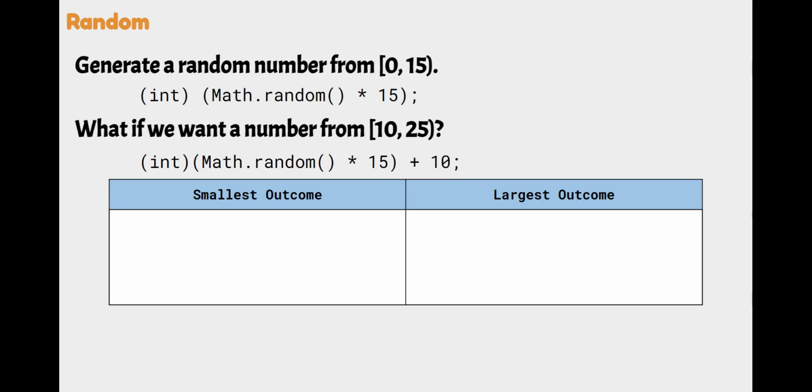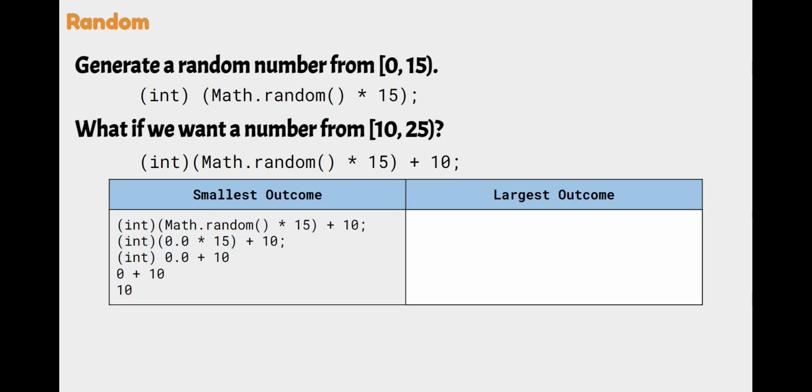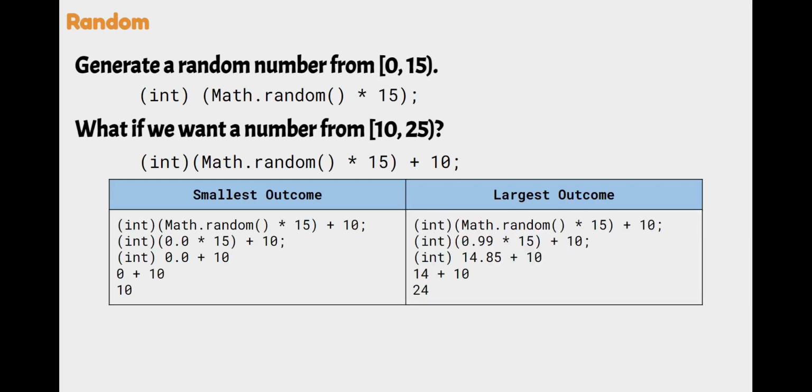First, on the smallest outcome that we can get from Math.random. The smallest outcome is 0.0 times 15. That evaluates to 0.0. Once we add the 10 to it, that will evaluate out to 10. On our smallest side, we are getting a value of 10. On the largest side, Math.random evaluates to 0.99.